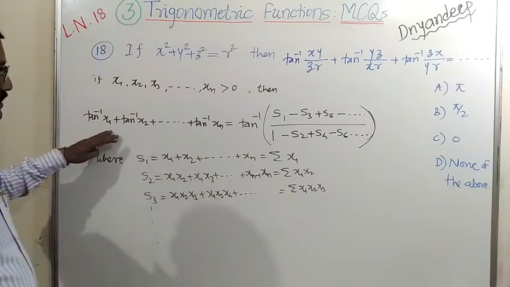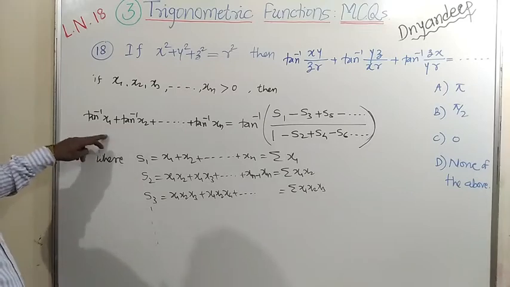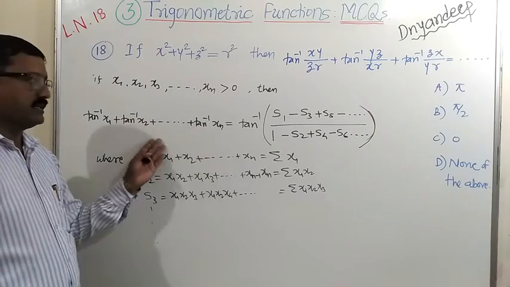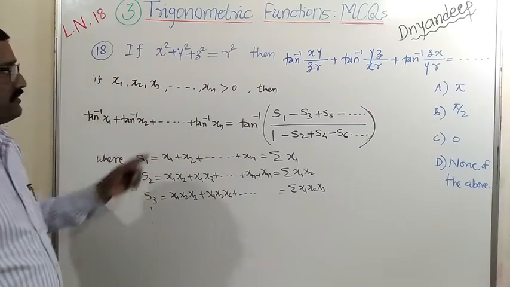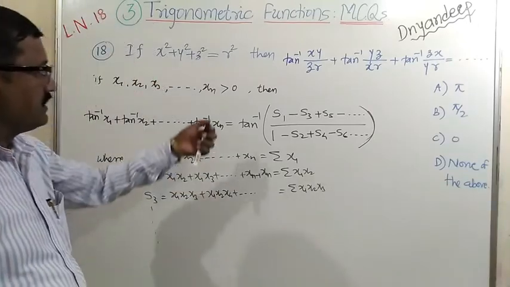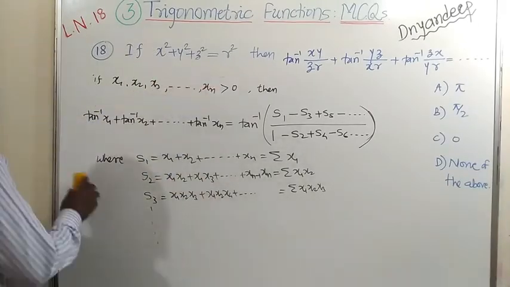So this is the general formula for the sum of inverse tangent functions. Here we have given only 3 inverse tangent functions, so we will write the formula for these 3 functions.